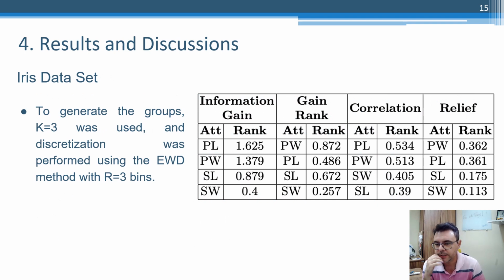Here we can see the filters ranking after we generate 3 groups and use the ISDA method for discretization with 3 bins. On average, the PL attribute has the best results after applying these 4 filters.